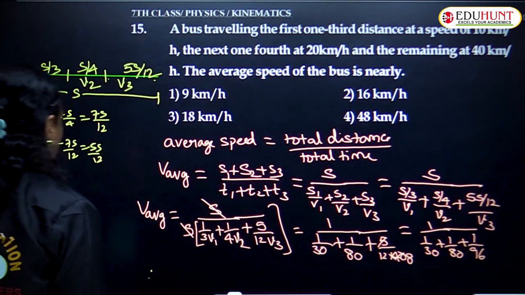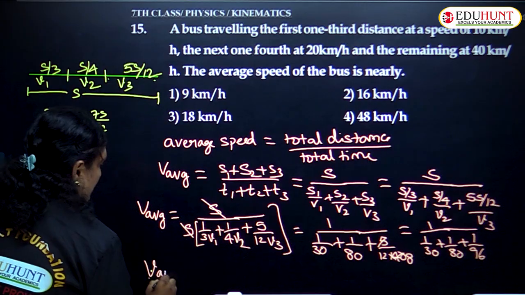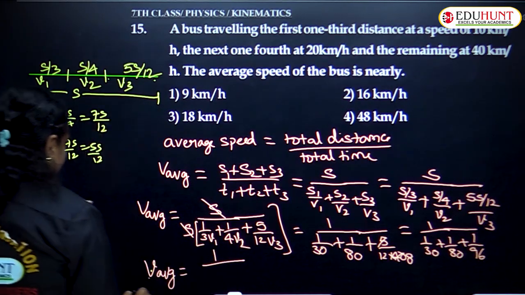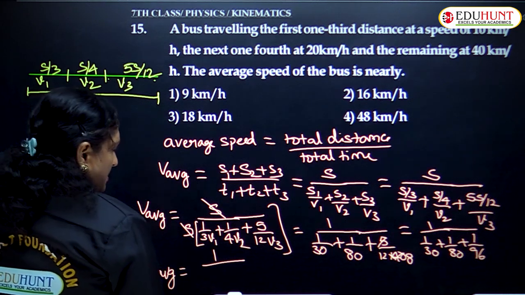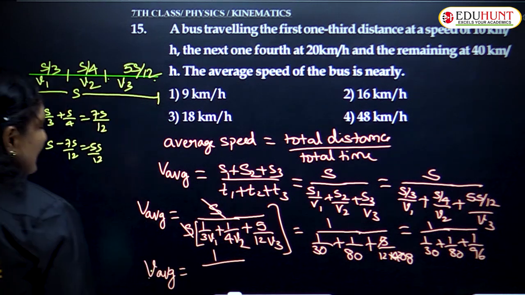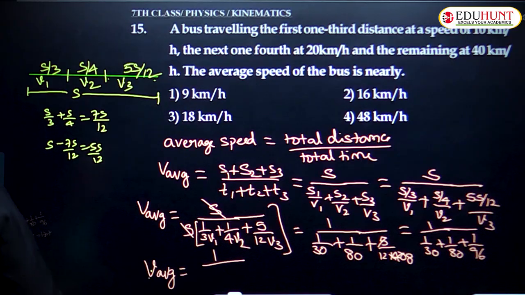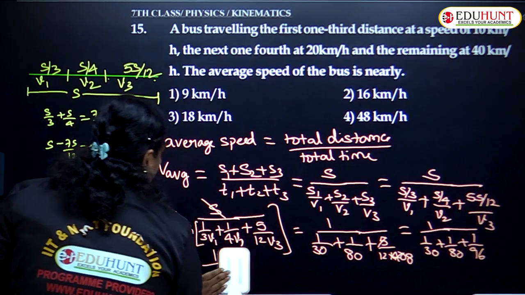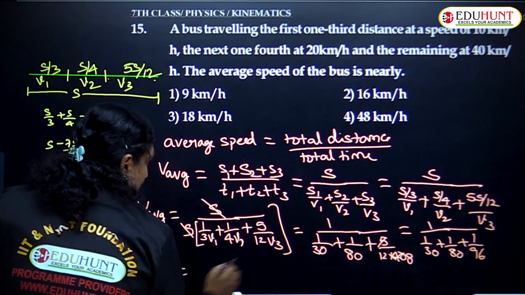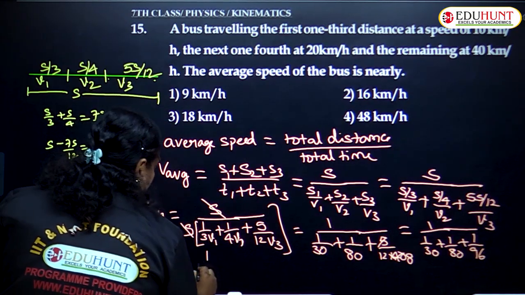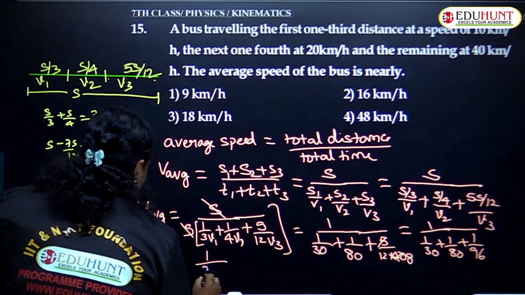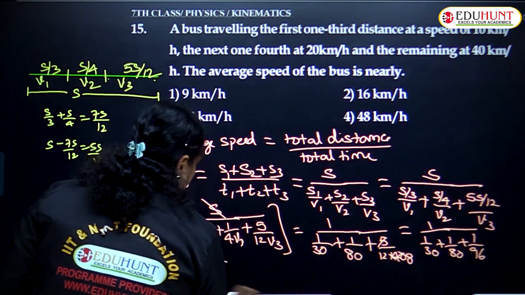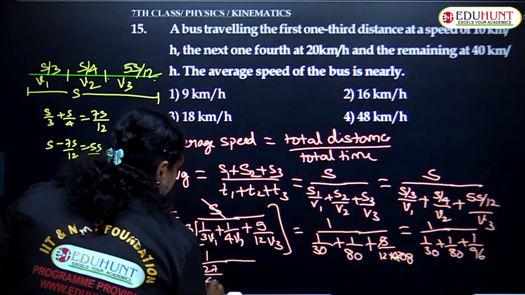If you take the LCM and simplify, then how much will you be getting, children? V average is equal to 1 upon, how much is the value? The LCM of 30, 80 and 96, if you find it out, will be around 480. If you simplify further, it will become 1 by 27 upon 480.